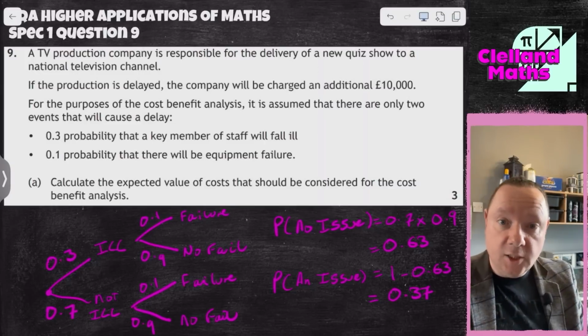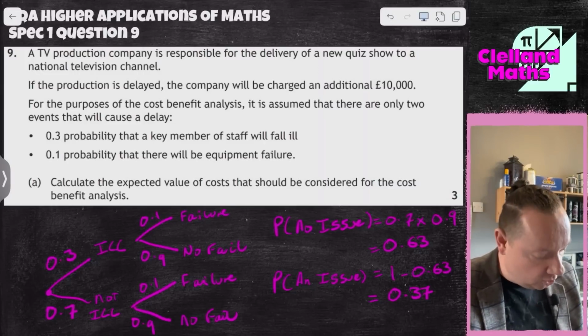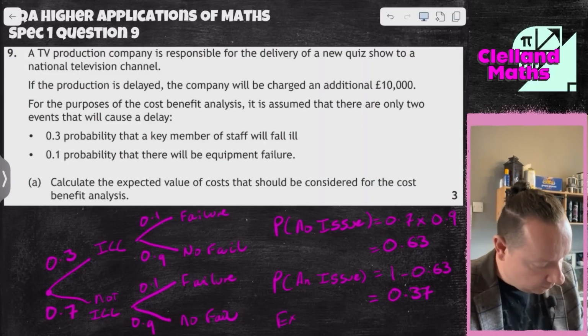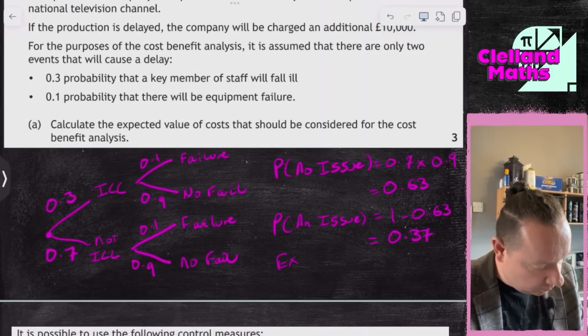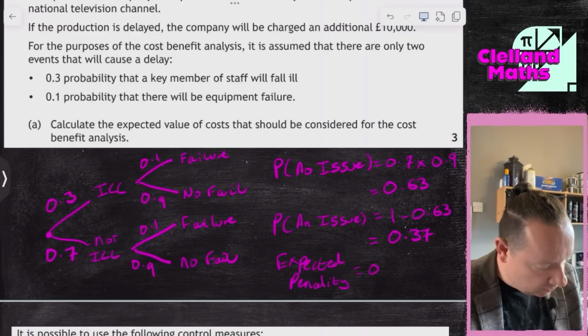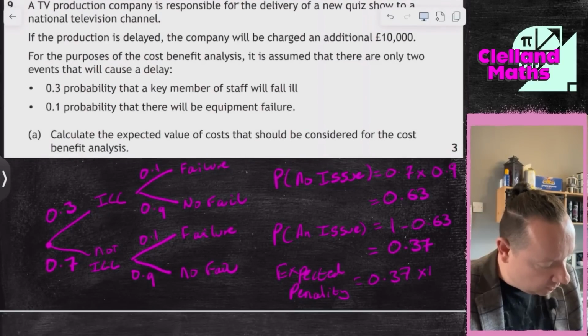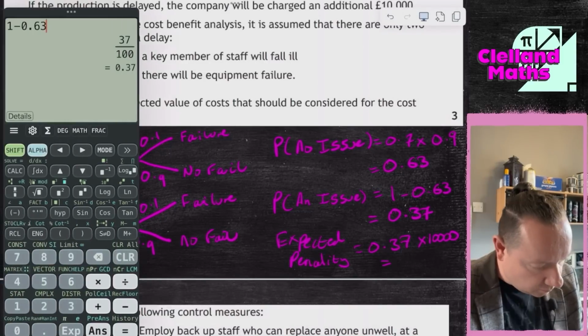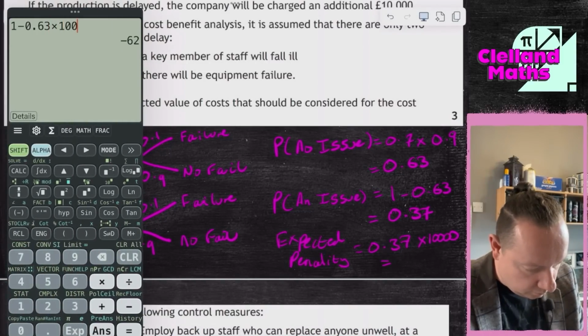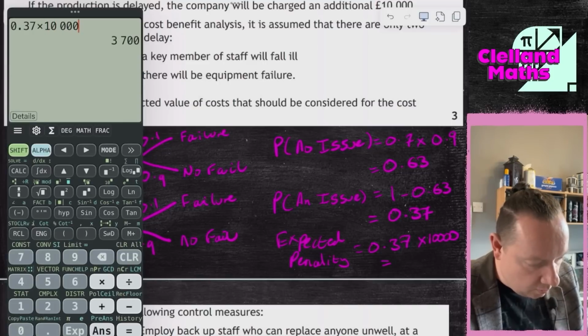So then we can calculate the expected penalty for at least one issue. 0.37, and it says it was going to be £10,000, so times that by 10,000, which is £3,700.